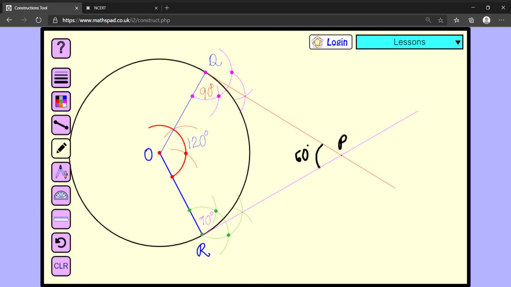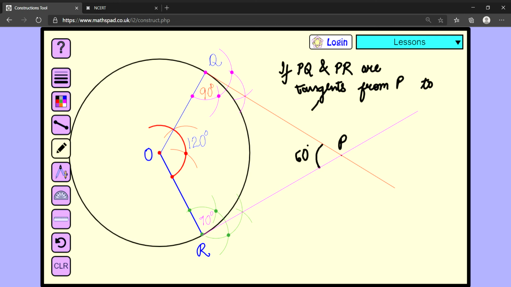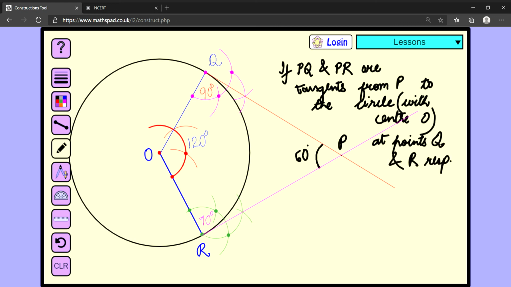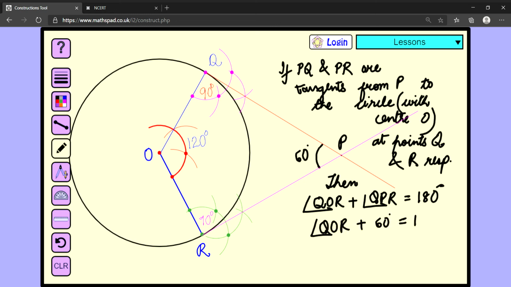So if PQ and PR are tangents from P to the circle with center O at points Q and R respectively, then angle QOR plus angle QPR is equal to 180 degrees. And angle QOR can be evaluated from here, which was used to construct the tangents.